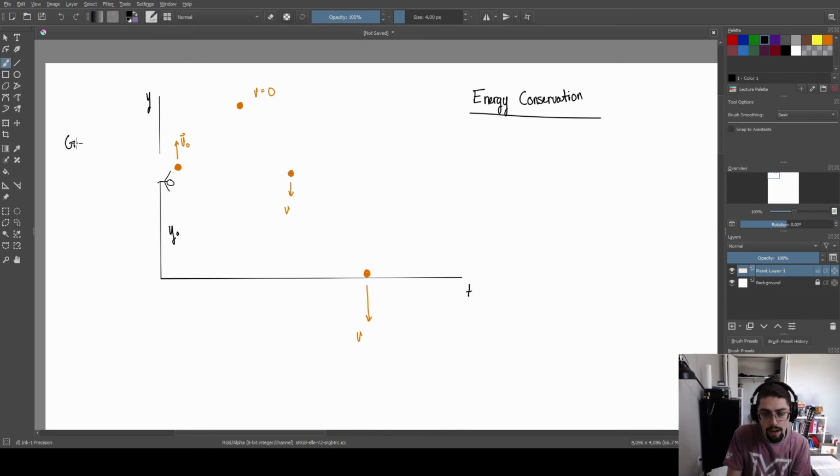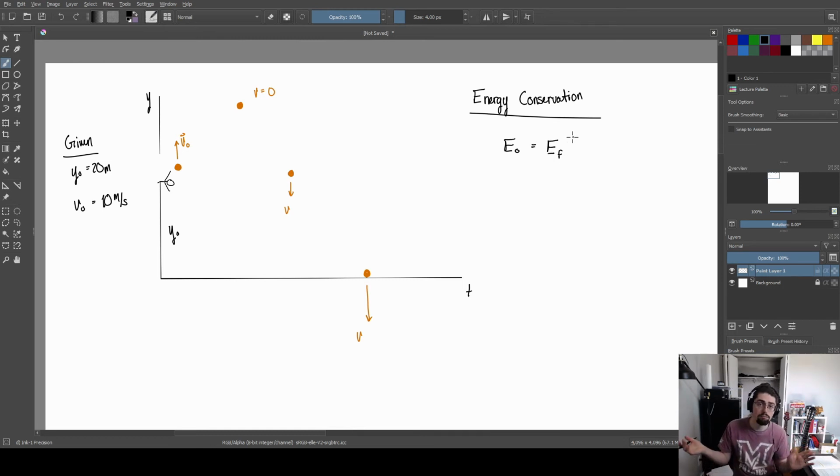And let's go ahead and write out some of our given variables while we're at it. We know that our initial height is 20 meters. We know that our initial speed is 10. That is to say, any energy that we start with, energy initial, is equal to energy final, whatever final state we want to call it.